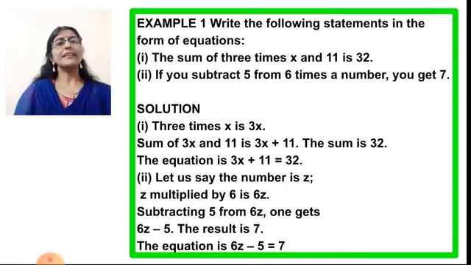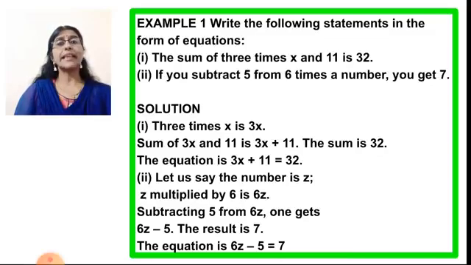Now next one: if you subtract 5 from 6 times a number, you get 7. Now this is again one more statement. We have to frame an equation. First we will find out 6 times a number. And before we find out 6 times a number, we have to assign a variable to the number. So let us take variable z for the number.